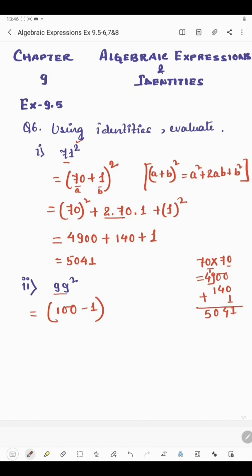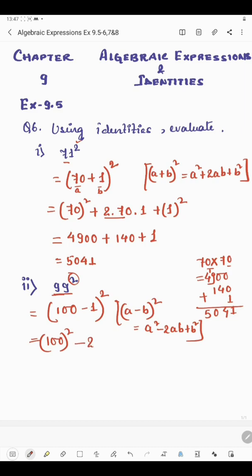So 99 can be written as 100 minus 1 and the power will remain the same. Now this is the (a minus b) whole square identity, which is a square minus 2ab plus b square. So a square means 100 whole square, minus 2 into 100 into 1, plus b square, which means 1 whole square.